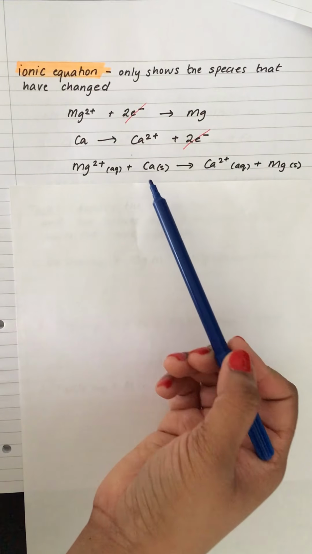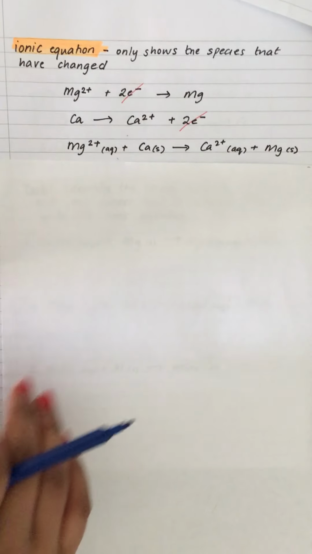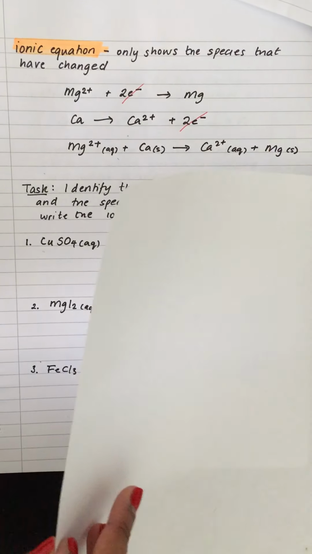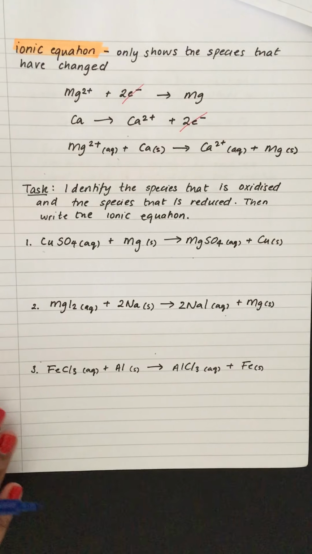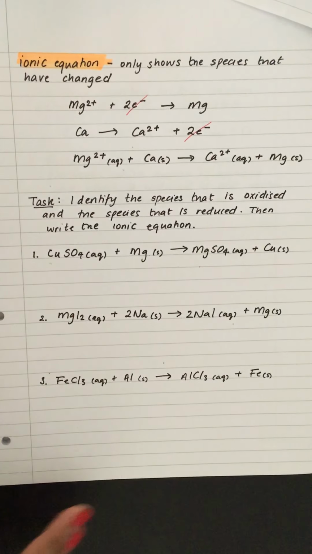So we're still going to include our state symbols, essentially just not showing the sulfate. So that's what we call an ionic equation. You just combine the 2 half equations.